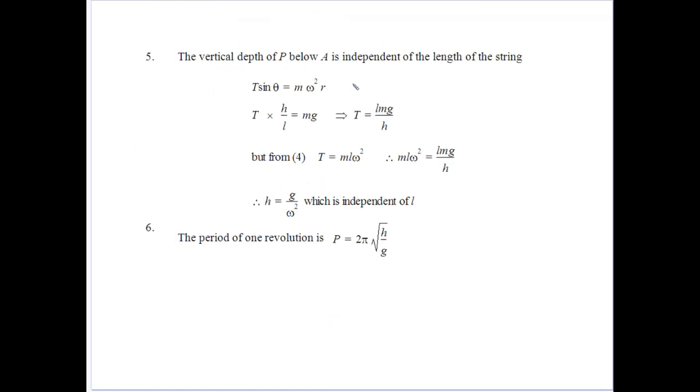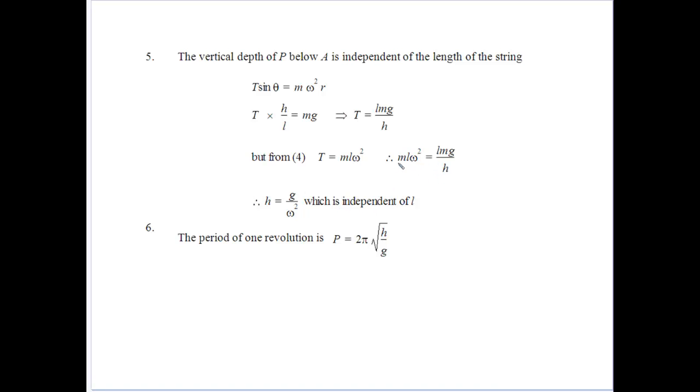The vertical depth will also be independent of the length of the string. We can write T cos theta as mg, and cos theta as h on L, so T is equal to L times m times g on h. But from equation 4 we know T is m times L times omega squared, so m L omega squared equals L m g on h.